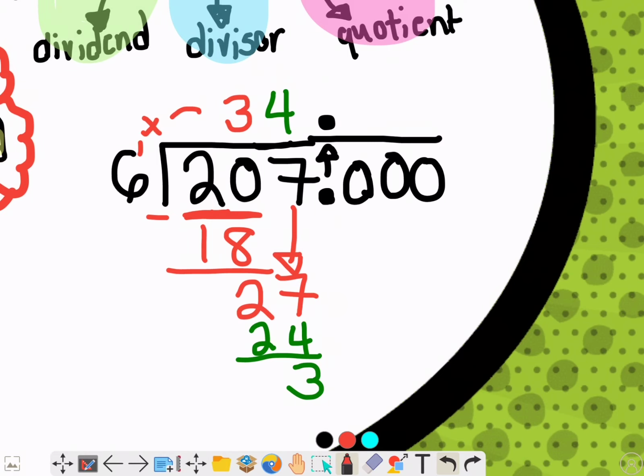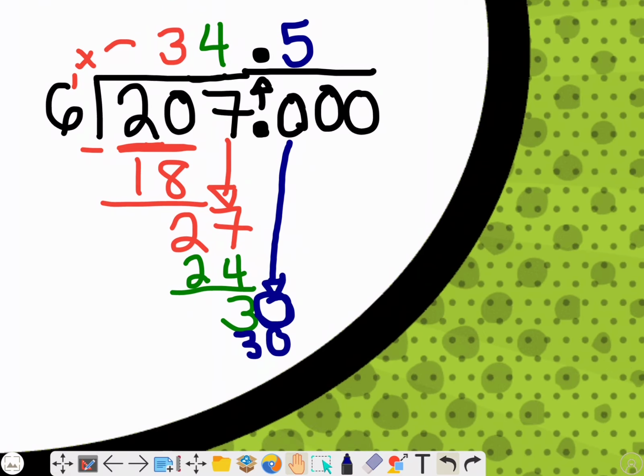And I'm bringing it down, change up the color, blue. How many times can 6 go into 3, but can 6 go into 30? Well, I know that works out perfectly. 6 can go into 30 5 times perfectly. 5 times 6 is 30. 30 minus 30 is 0. I'm done, and I didn't even need those.